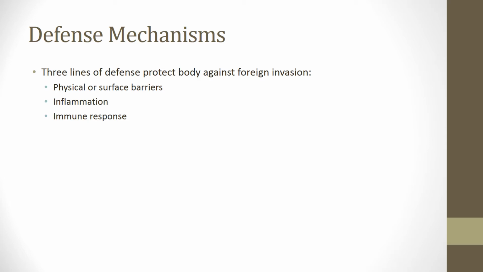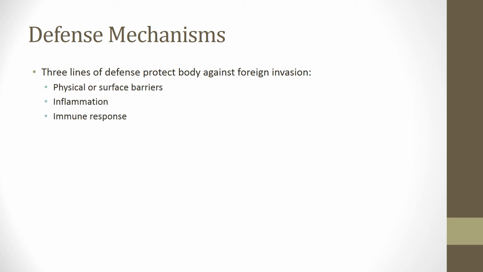So besides the physical barriers, we have inflammation and immune response. Of course, inflammation is a non-specific response. When the physical barrier is broken, somehow, by a scratch, stab knife wound, or a simple splinter, bacteria or other microorganisms may penetrate the tissues, and this will trigger an inflammatory response.